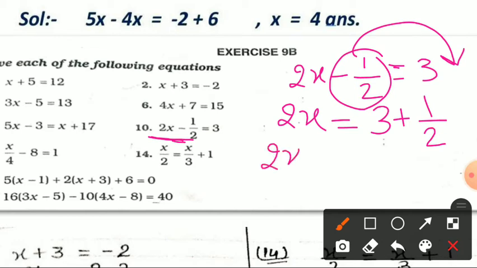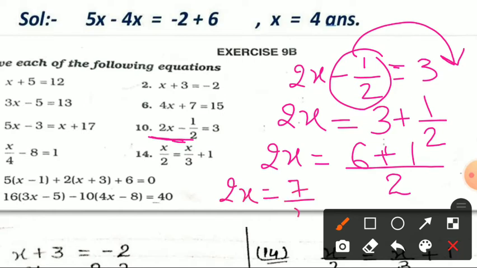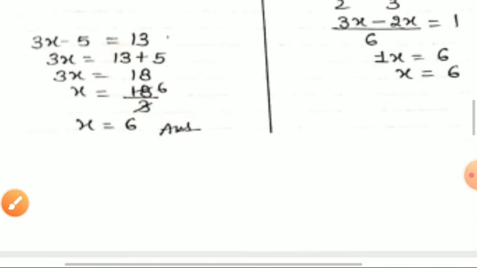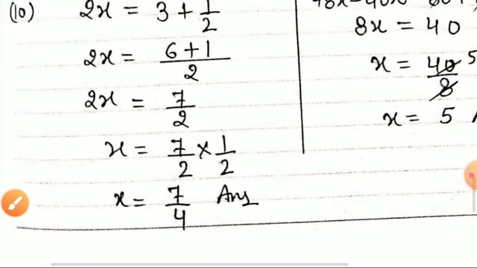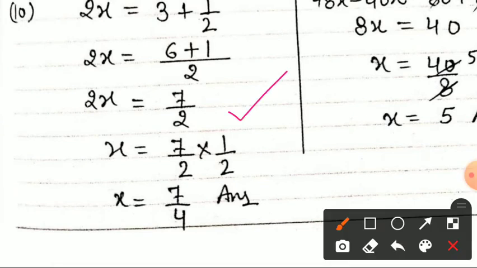Take 2 as the LCM, because fraction addition and subtraction can only be solved by taking the LCM. So 2 threes are 6 and 1, 6 plus 1 is 7, so 7 by 2. Now this 2 is multiplied, so it goes to divide. So x equals 7 upon 4, because 2 twos are 4. The value of x is 7 by 4. Here you can observe the complete solution.